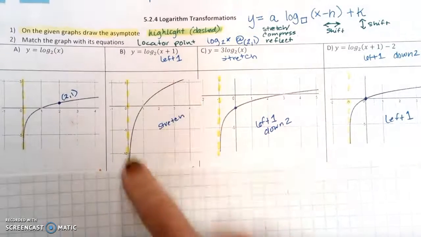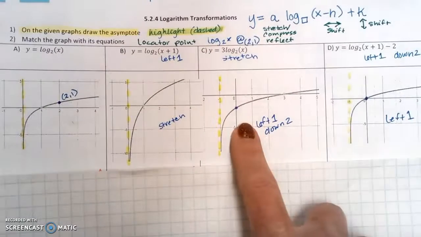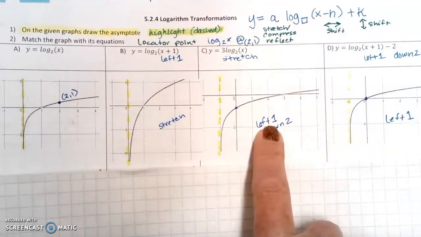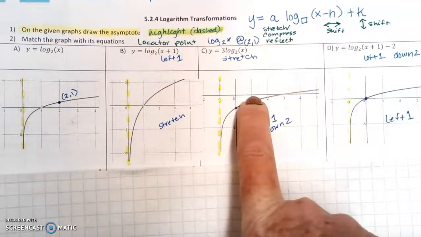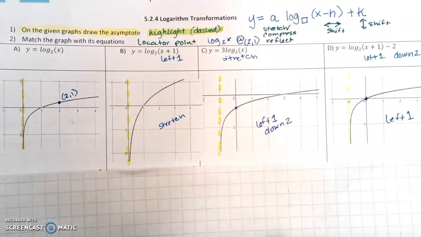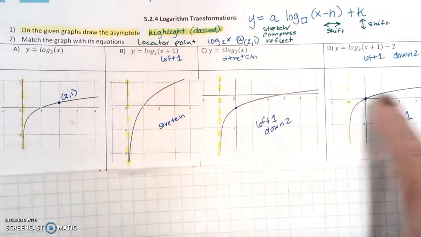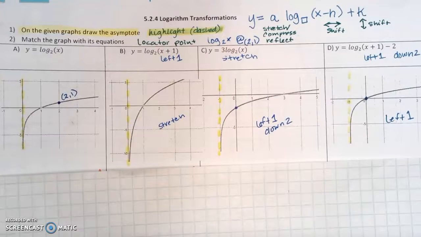The second one has a stretch. It's being stretched this way. This one moves left 1, takes your locator point, moves it left 1, down 2. This one just moved 1 to the left. And so you see how many you can match up.